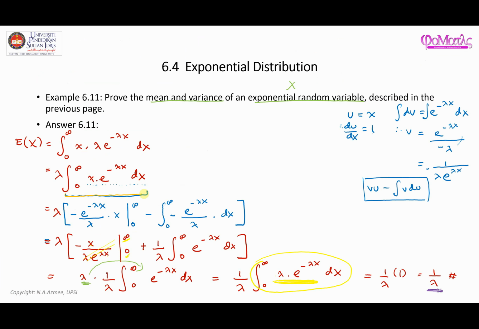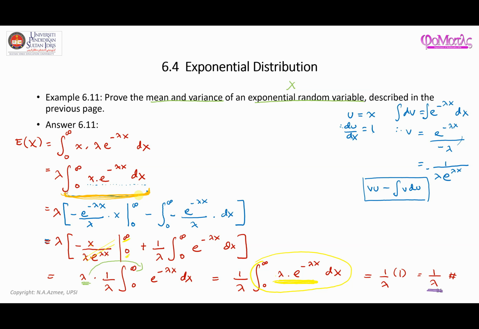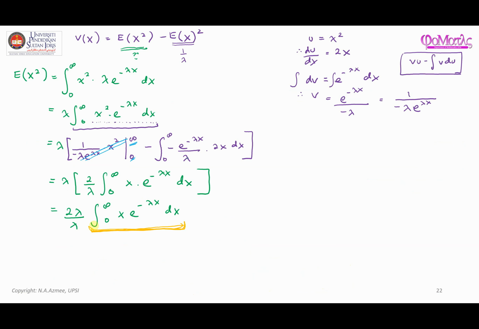It is the similar thing, so we can just use the result from here. So what we are looking to find, x e negative lambda x dx, has already been done right here, so I'm just going to take the result. Okay, and the result of that is this thing, this guy. So this is the result, which I'm just going to plug into this position here.